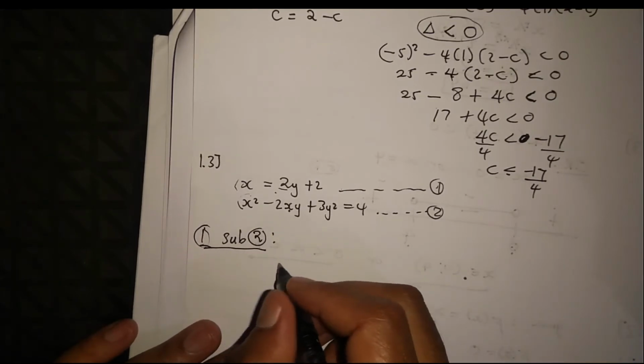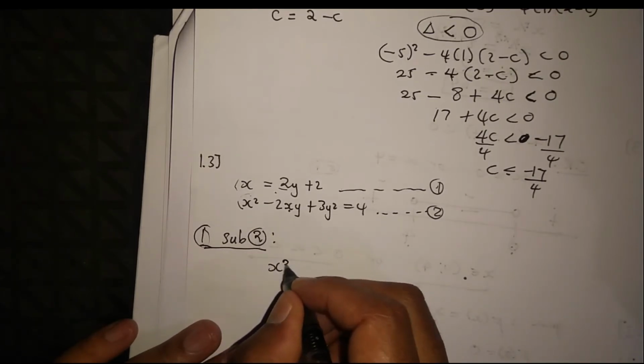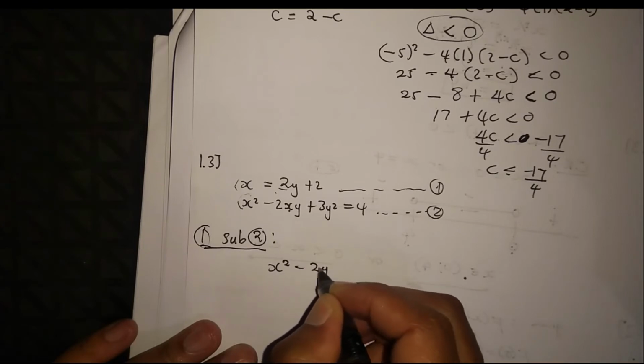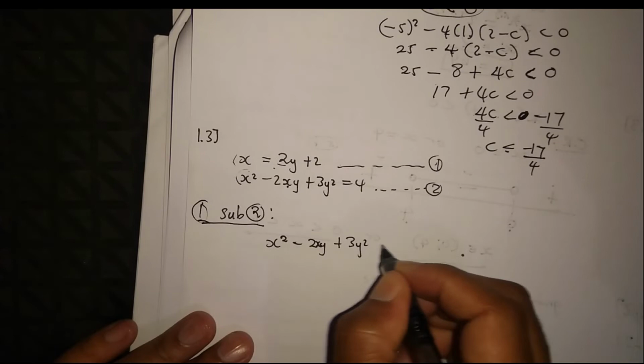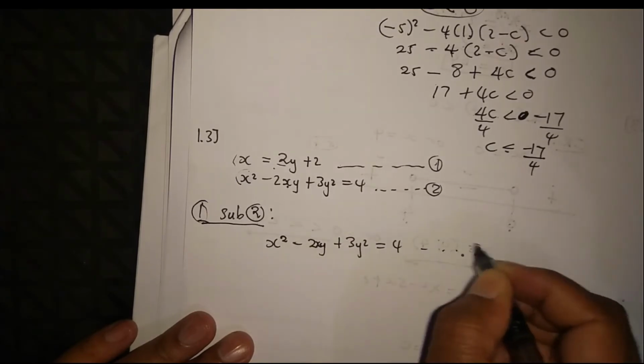So look now: x squared minus 2xy plus 3y squared is equal to 4. This is equation 2.